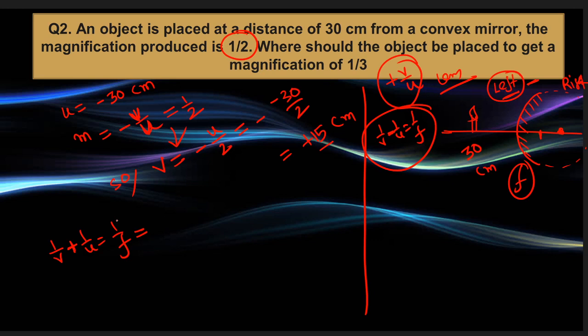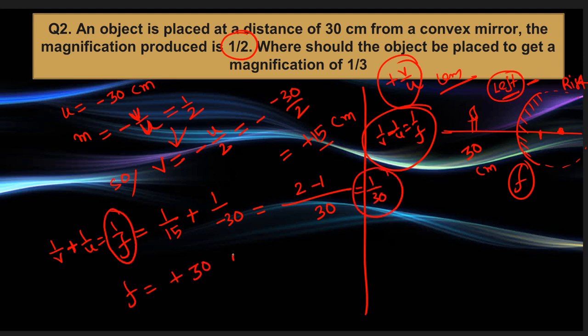We can solve this. We can write 30. So 15 twice, 30 minus 1, that is coming 1 by 30. So we can say 1 by f equal to 1 by 30. It means f equal to plus 30 centimeter. Okay. So for this, the focal length is 30 centimeter. The image forms at 15 centimeter. This is the image.